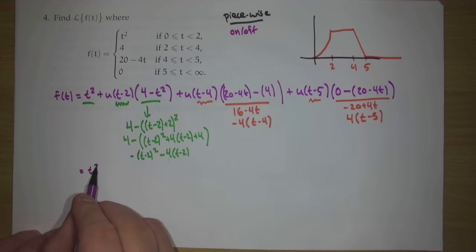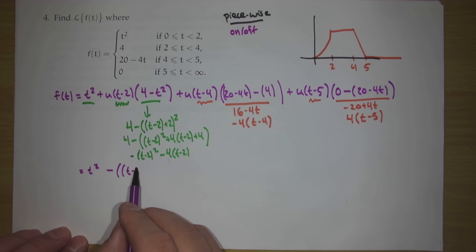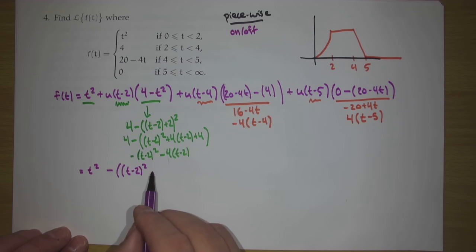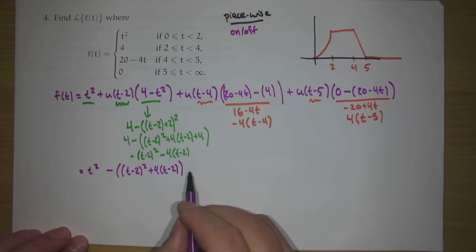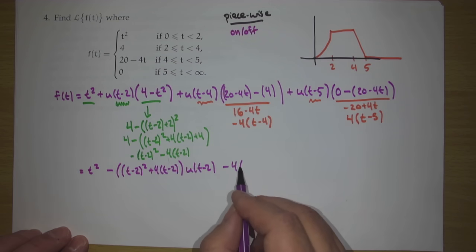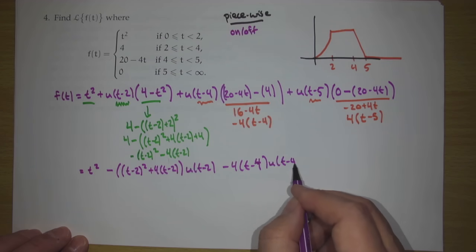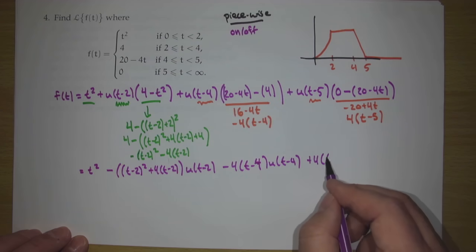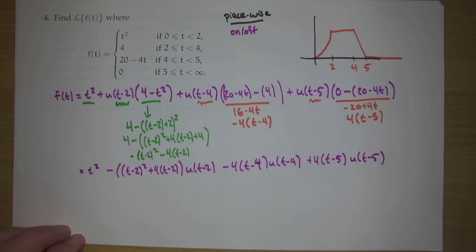So we have t squared minus (t minus 2) squared plus 4(t minus 2) u of t minus 2, minus 4(t minus 4) u of t minus 4, plus 4(t minus 5) u of t minus 5.